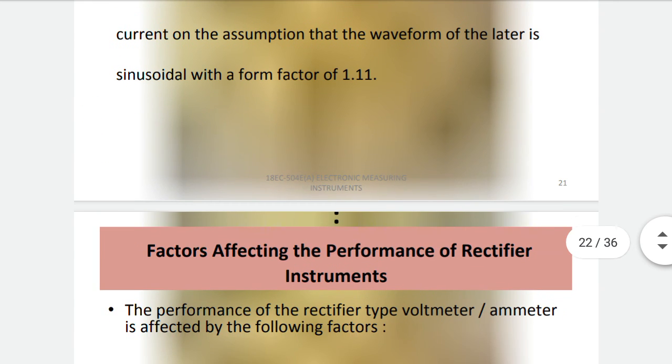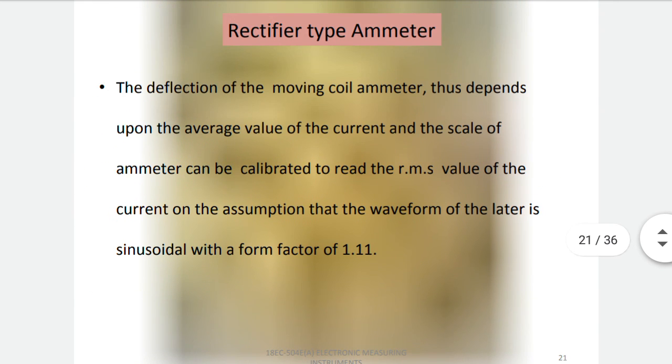You already know that for a sinusoidal waveform the form factor is 1.11. Form factor is defined as the RMS value divided by the average value, that is IRMS or VRMS divided by I average or V average.